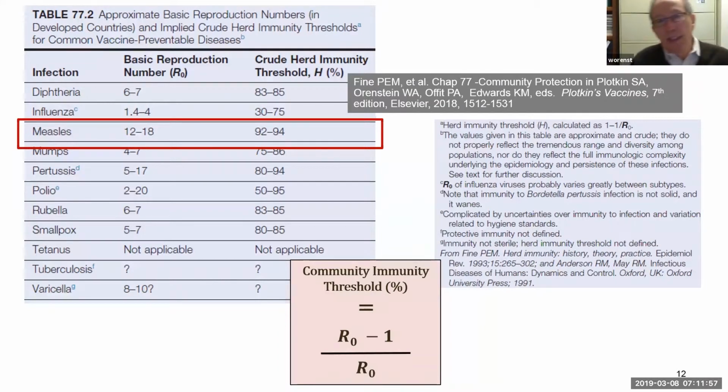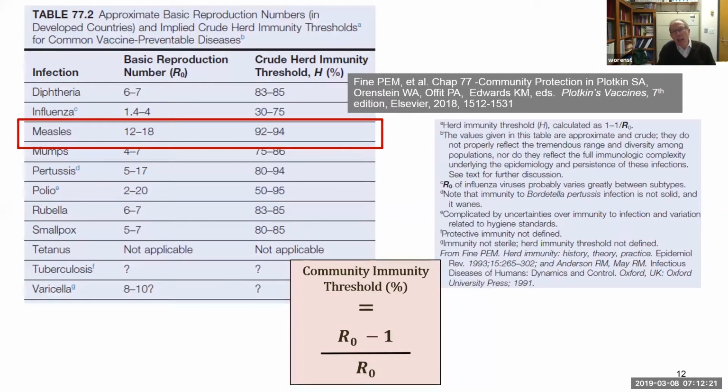And to illustrate that, let me use a simple example. If you have an R0 of 4, then that says that the average case of a given disease is capable of transmitting to 4 persons if all of those persons that they came in contact with were susceptible.